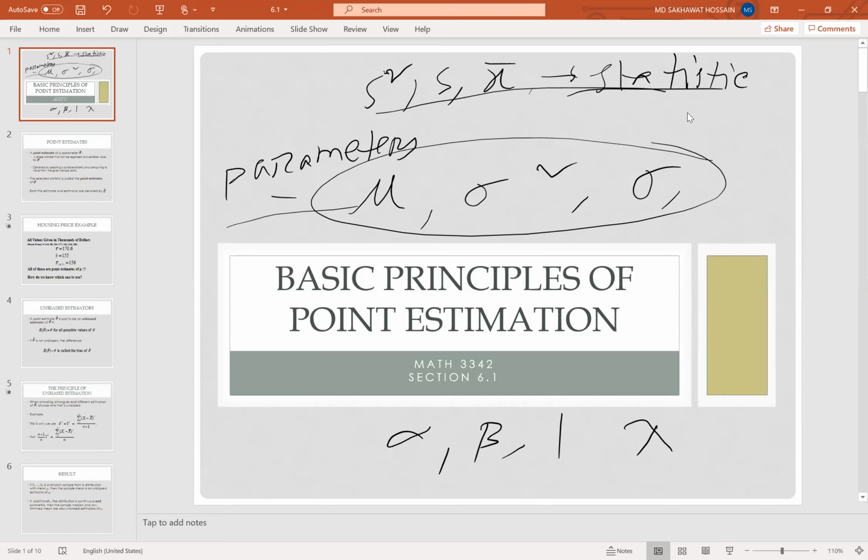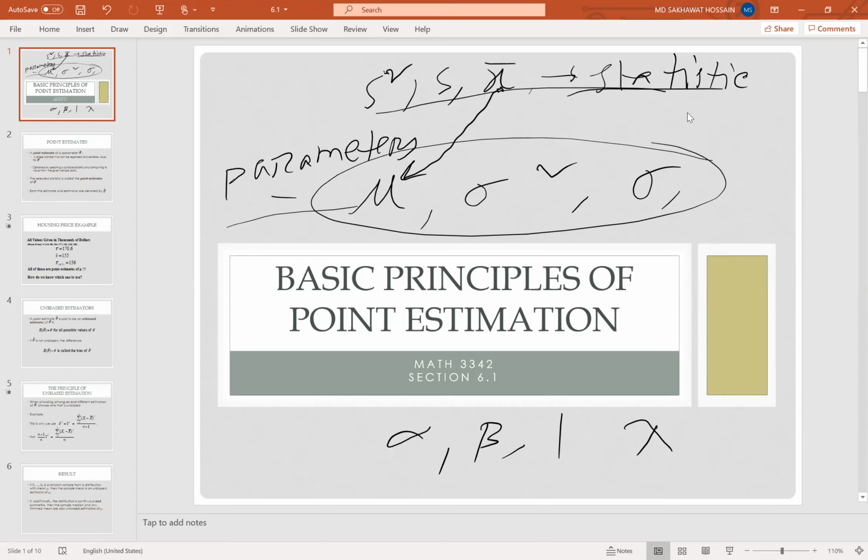For example, we can collect a sample, calculate the sample mean, and make inference about the population mean. That means based on the value of x bar we can make inference about mu. In our class we have a total of 53 students, so if we want to know the midterm average of these 53 students, we do not want to collect a score from each student.